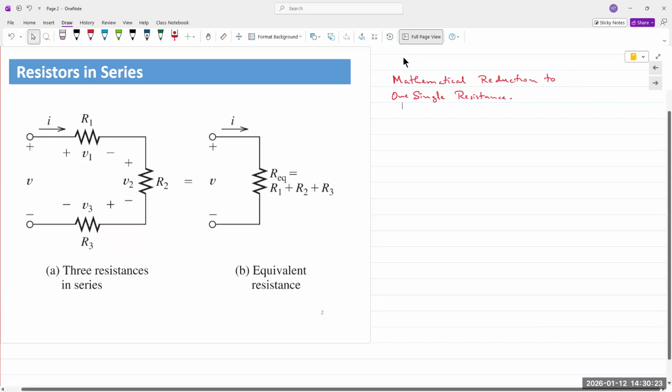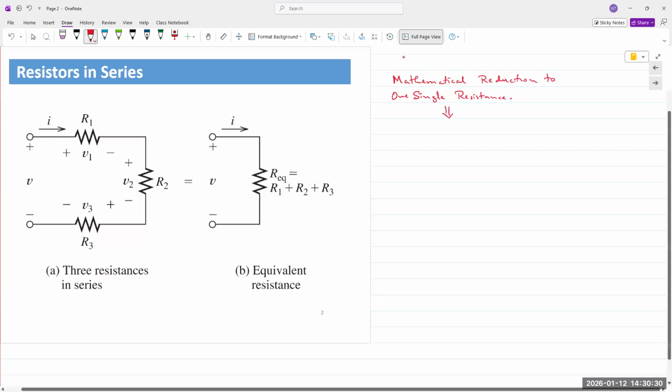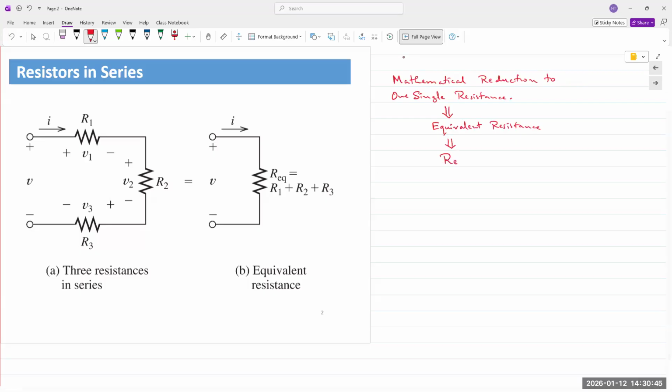We label that as equivalent resistance because it is equivalent to a larger network of resistors, and hence the name REQ.